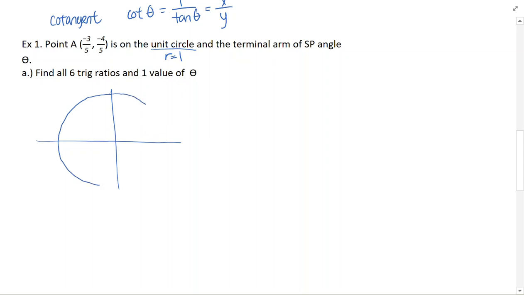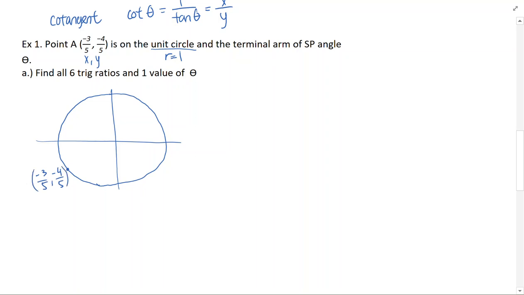We have our unit circle. Since the x and the y values are both negative, that means we're in the third quadrant. It's going to be somewhere there-ish. I'm just going to put an arbitrary point, making sure it's in the quadrant so you can visually see it.